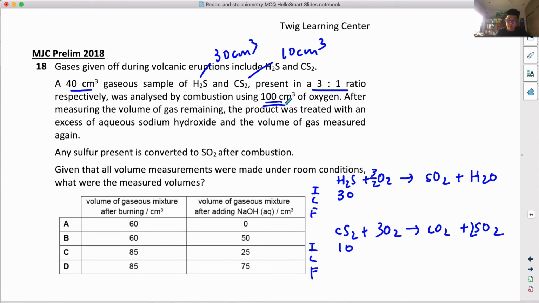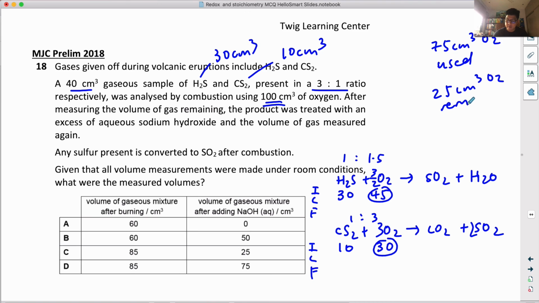H2S, if it reacts, only requires 45 cm cube of oxygen, and CS2, when it reacts, only requires 30 cm cube of oxygen. Why do I say that? Because the ratio is 1:3 and the ratio is 1:1.5. Can you see that? So by right, only how much oxygen will be used up? There are only 75 cm cube of oxygen used, which means there will be 25 cm cube of oxygen remaining, because you started with 100.